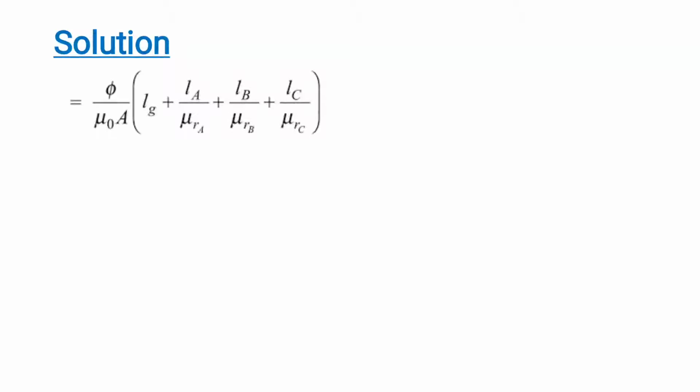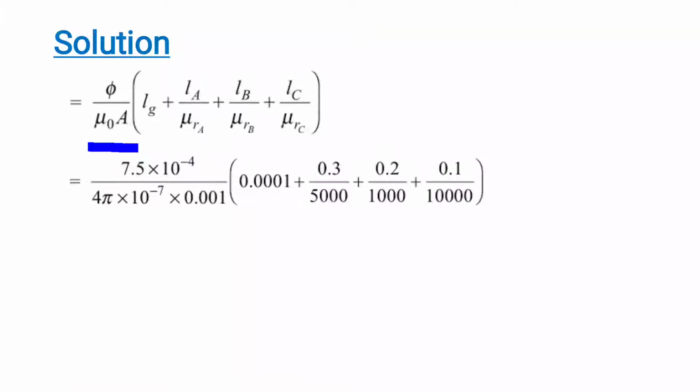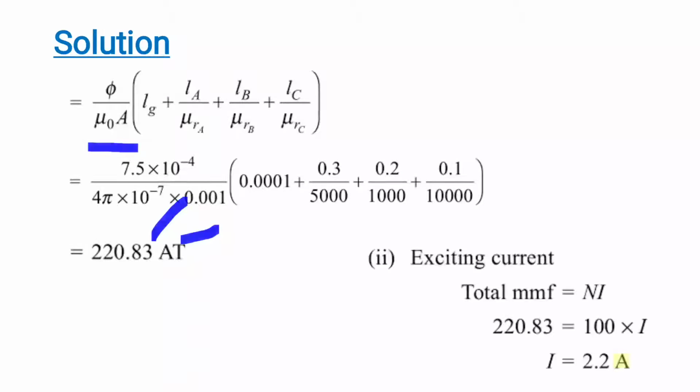So substituting all the terms, you can take the common values outside. On substituting you will get a value of 220.83 ampere turns, A for ampere and T for turns. That is your MMF.